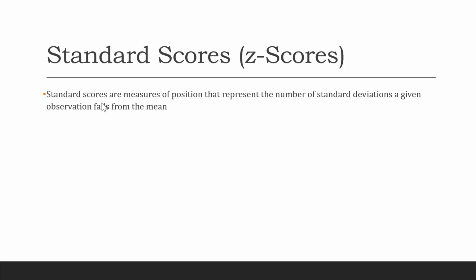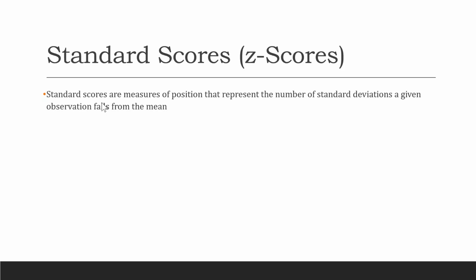So percentiles are measures of position based off of dividing a scale into 100 equal parts. Quartiles are measures of position based off of dividing a data set into 4 equal parts, and it gives the position of the 25th, 50th, and 75th percentile, basically. But z-scores give the position of observations relative to the mean, and they're in standard deviation units.